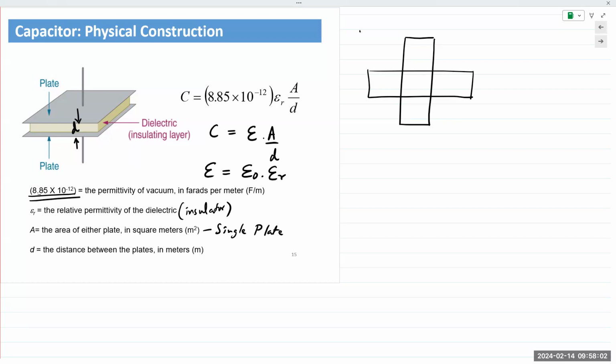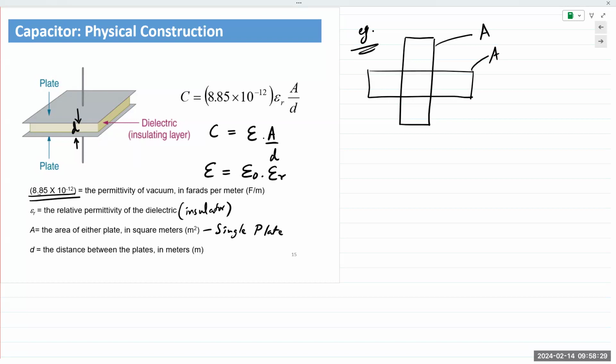So coming to this example here. This is A, this is A. Both are the same size. Where do we measure the capacitance? We need two parallel plates. So if they're crisscrossing each other, they only cross over in this area.